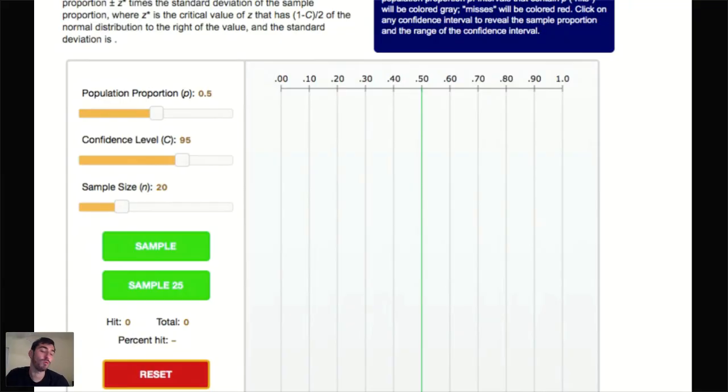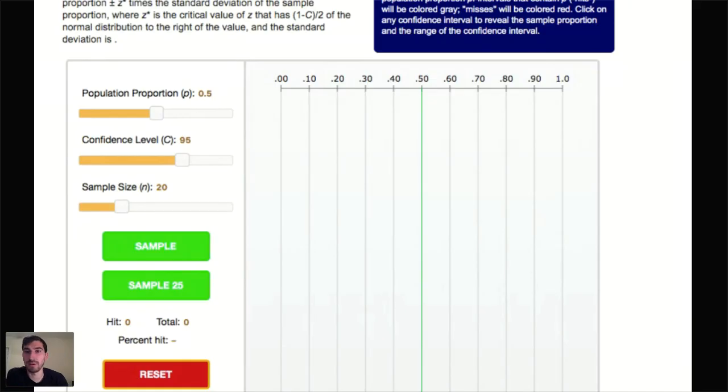We're going to take some samples and look at a confidence interval constructed from the sample results to see if the confidence interval we get contains the correct answer of 0.5. You'll see this thing called confidence level is set at 95. The goal of this activity is to figure out what that 95% confidence level represents.